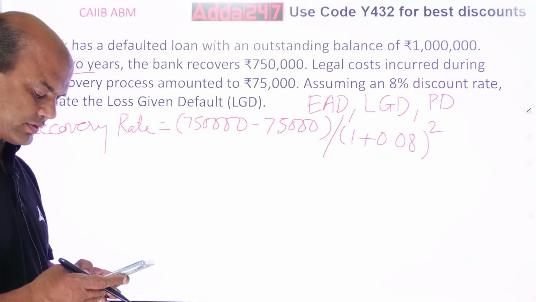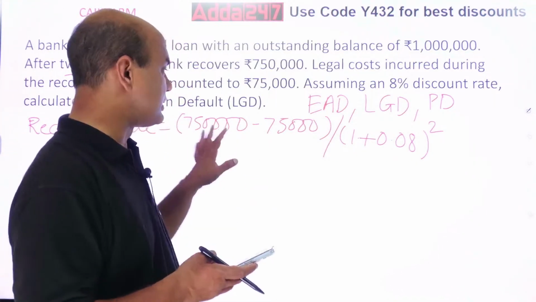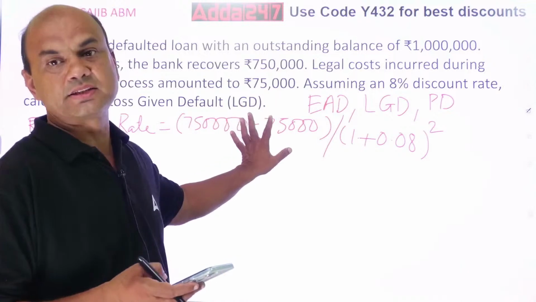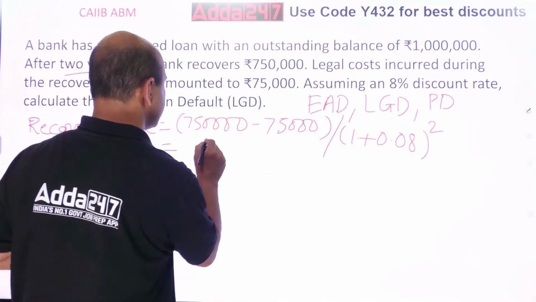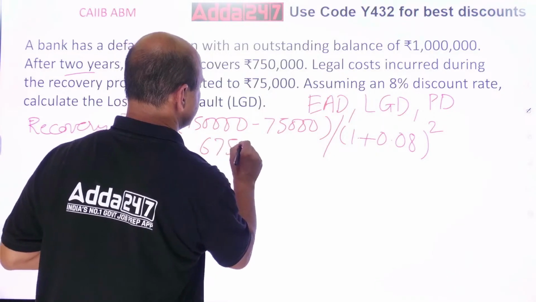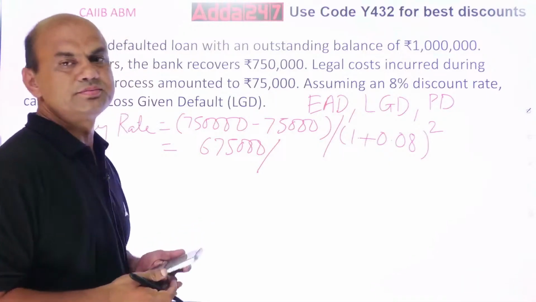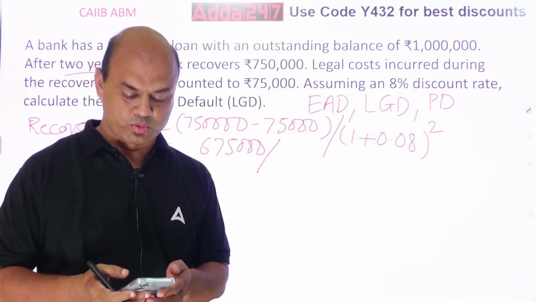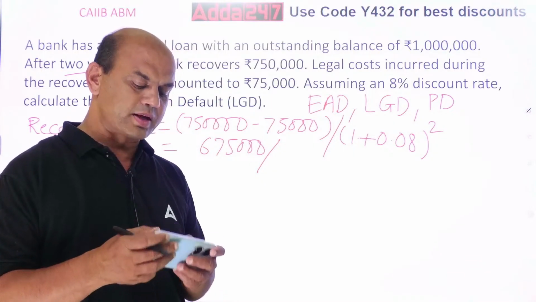Be very cautious while doing the calculations, because it's not simple. So this answer is 6,75,000. Equals 6,75,000 divided by 1.08 raised to 2. Do it, everyone. It is 1.08 and then square.